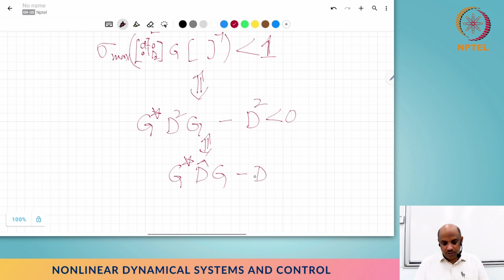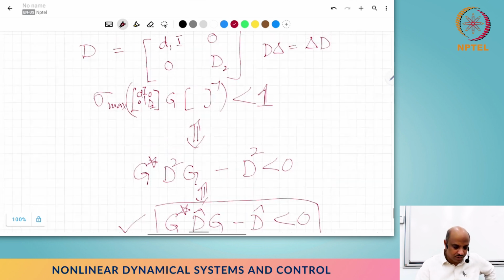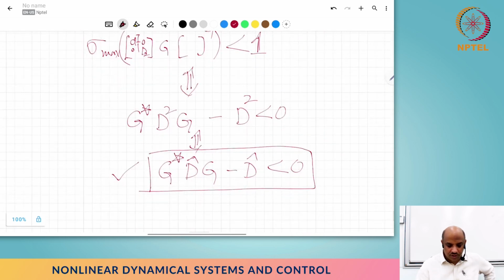And so now the test for the small gain condition essentially translates to checking for the possibility of D hat, which is a matrix with this particular structure, and solving this particular LMI. So this is an LMI feasibility problem, okay, for some structured variables.